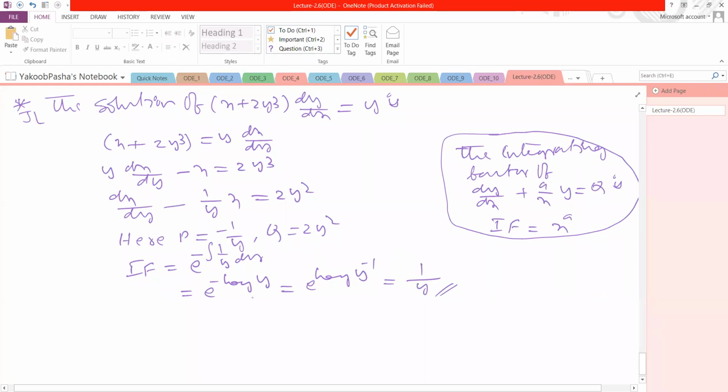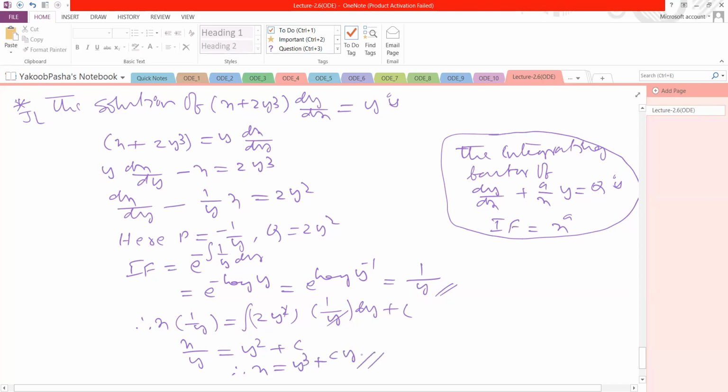So the general solution is x into integrating factor 1 by y is equal to integral of q, which is 2y square, into integrating factor 1 by y, dy, plus c. Here 1 by y cancels. So x by y is equal to the integral of 2y, which is y square, plus c. Therefore x is equal to y cube plus cy. This is the general solution of the given differential equation.